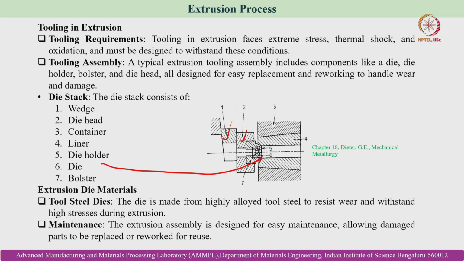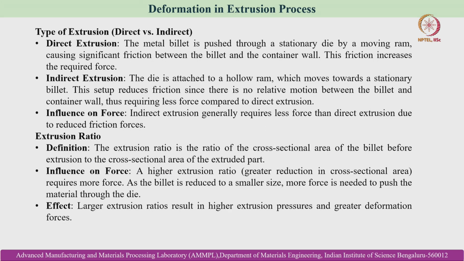So, the extrusion die materials: tool steel dies. The die is made from highly alloyed tool steel to resist wear and withstand high stresses during extrusion. Maintenance: the extrusion assembly is designed for easy maintenance, allowing damaged parts to be replaced or reworked for reuse.